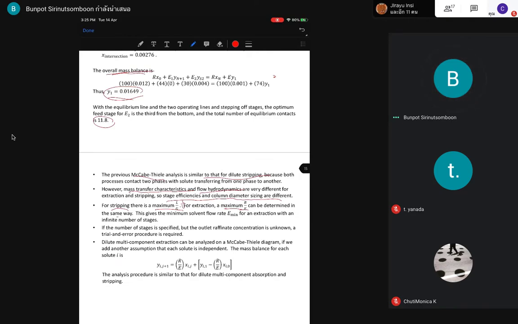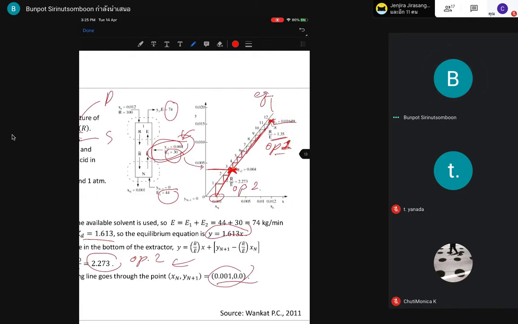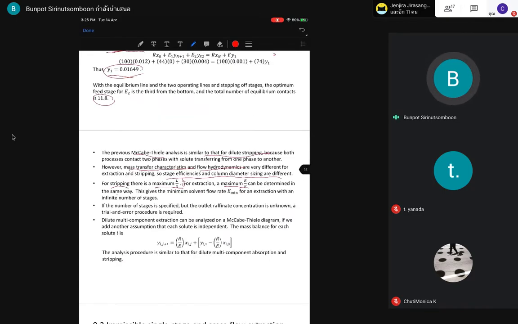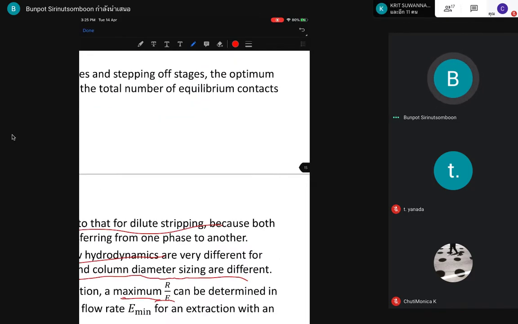Let me just draw. This is the equilibrium line, and you have maybe an operating line here.